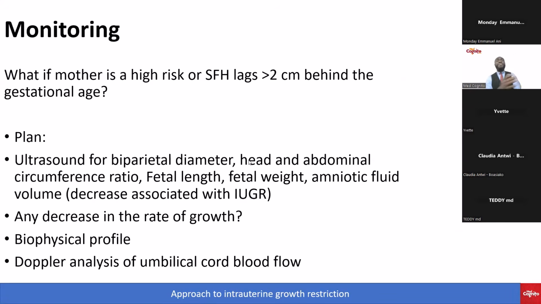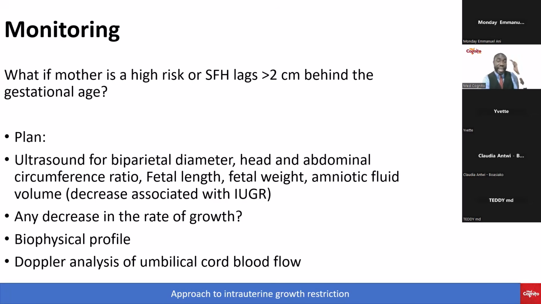Now, what if the mother is a high risk for IUGR, or the SFH is lagging more than 2 centimeters behind the gestational age? Then you want to go ahead and do an ultrasound for biparietal diameter.